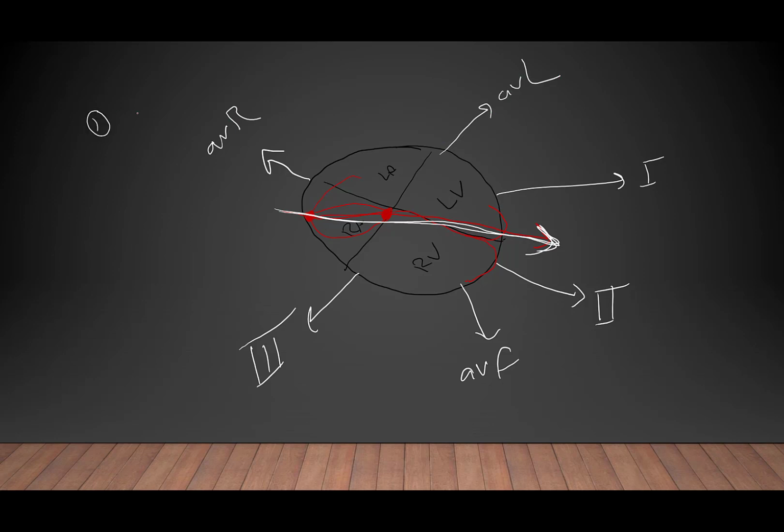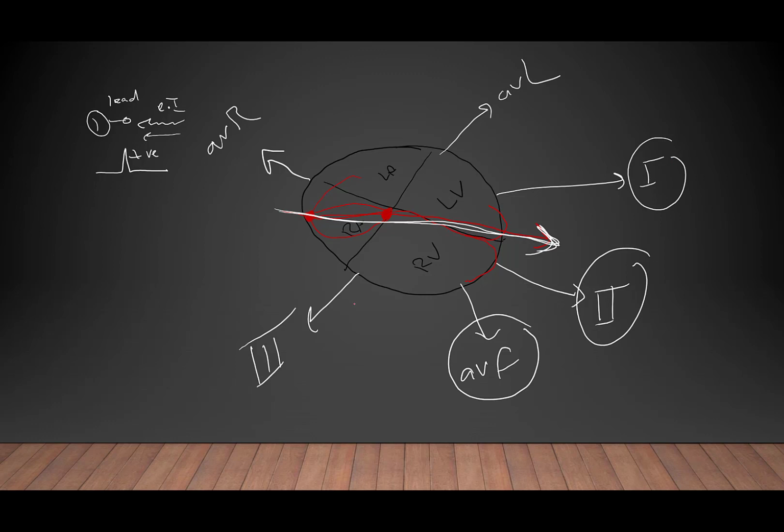Okay, if the electrical impulse is toward the limb, this is the limb lead, and this is the electrical impulse. If the electrical impulse is toward the leads, it causes a positive deflection, as we see here at lead 1, lead 2, and why? Because the electrical impulse is toward lead 1, lead 2, and lead 3, it causes a positive deflection.